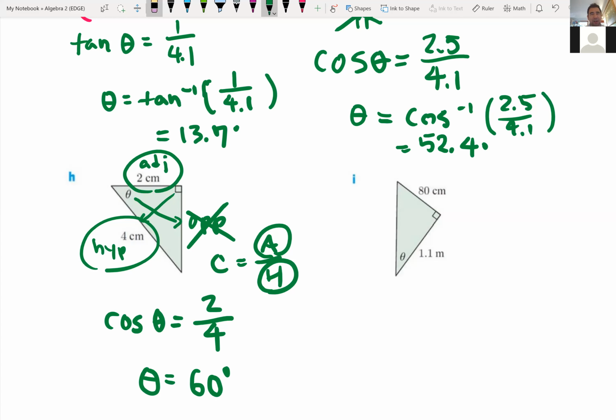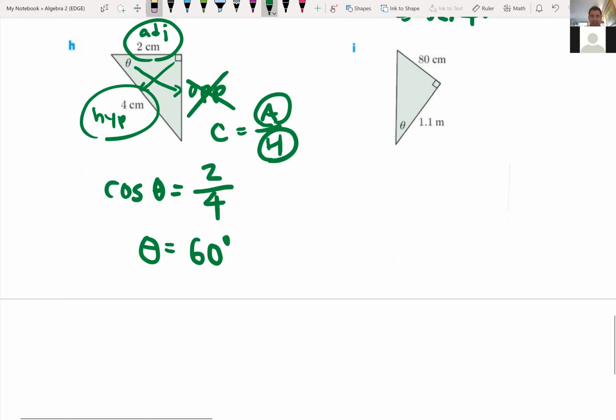And we will actually talk about that tomorrow. There are special cases where you don't need sine, cosine, tangent to figure it out, but there is a set ratio. If you can identify that, then you can just immediately figure it out. But we'll talk about that tomorrow.